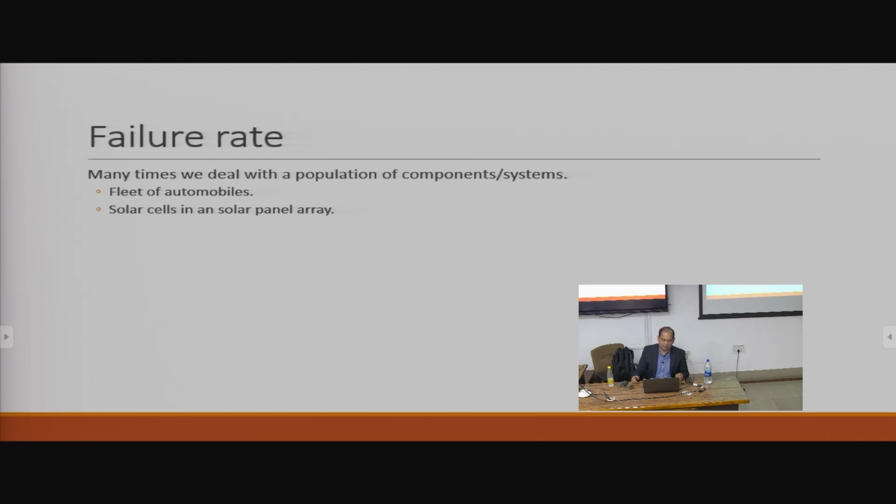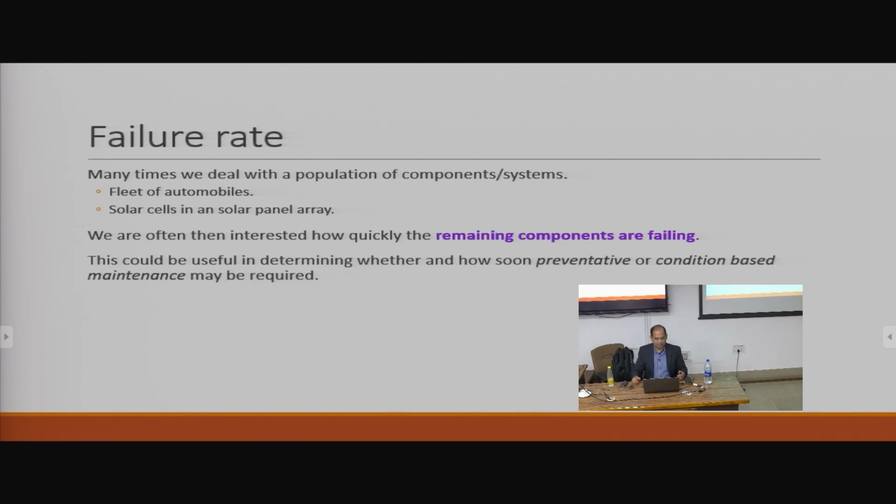But we are often dealing with populations of components or systems, right? You could have a fleet of automobiles. You could have solar cells in a solar panel array. So you have a large number of those components, and we're often interested in how quickly the remaining components are failing. Of the ones that I have so far, how many do you expect to last the next day, and so on and so forth, right?